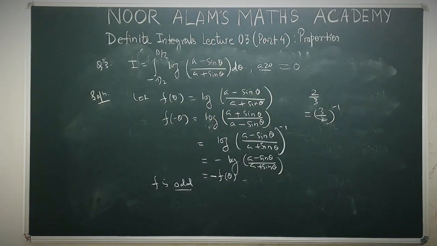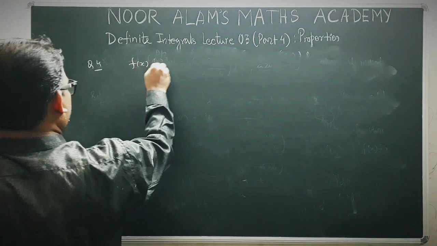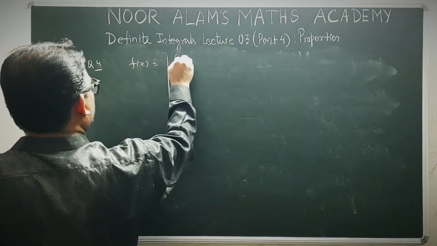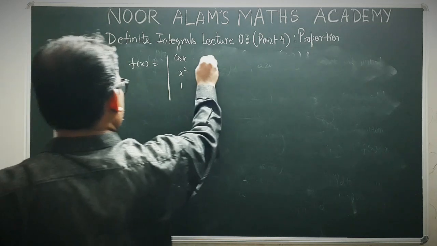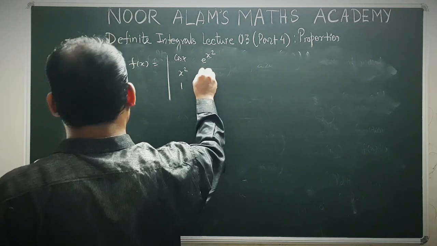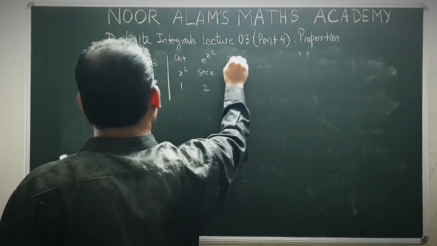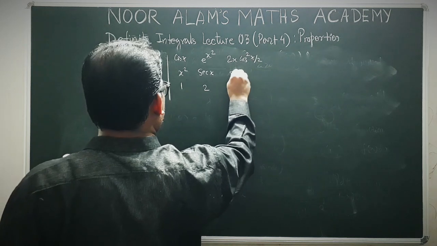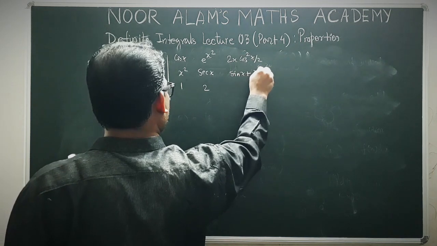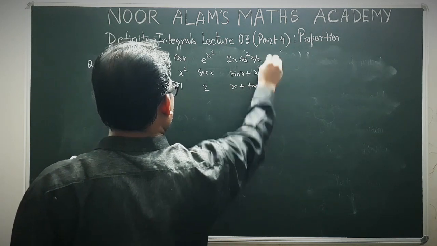Now we go for another problem. Question number 4. If f of x is given as the determinant with rows cos x, x square, 1; e power x square, sec x, 2; 2x, cos square x by 2, sin x; plus x cube, x plus tan x.